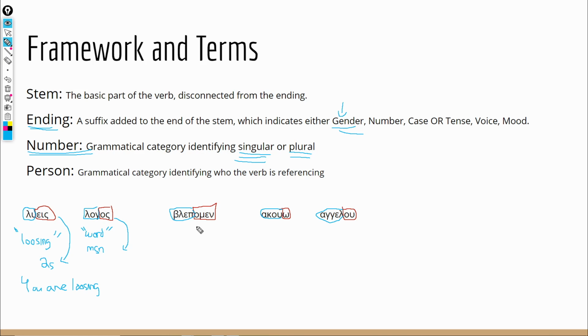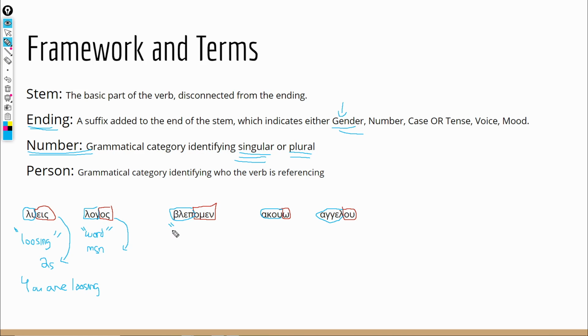Another verb, though, again, we look at the stem, blep. The lexical form is blepo, and this simply means I see. Blepo, and it's kind of standard, just means I see, like I can see, right?